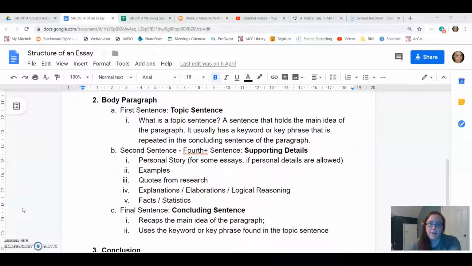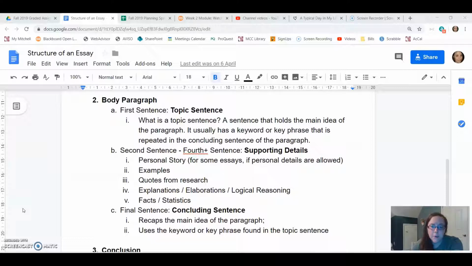You can come up with an example from something that you know about, an experience that someone you know has had. You can come up with an example from something that you've researched. Of course, these would all be for other types of essays, not one about yourself, but examples are a great supporting detail. Quotes from research are some of the best ways to develop your ideas.